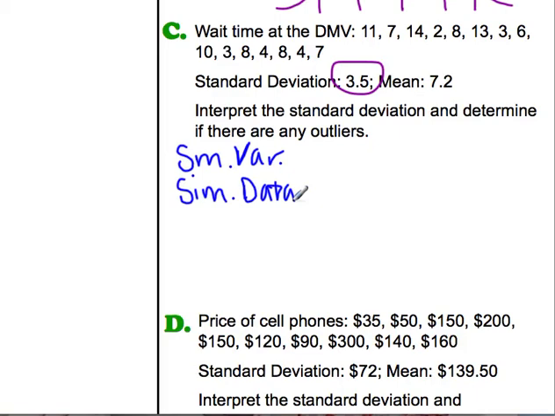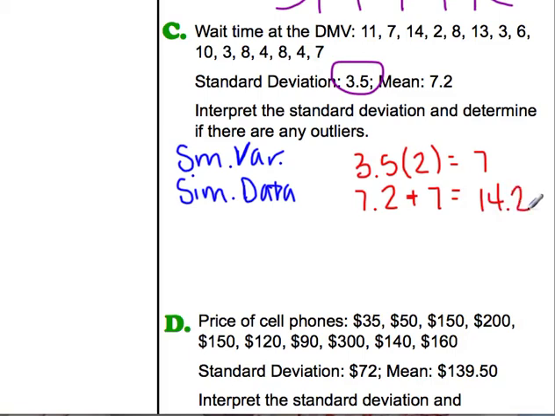So now when we talk about this outlier idea, we're going to take our standard deviation of 3.5 and multiply that by 2. And when I do that, I get 7. So now I'm going to take my mean of 7.2 and add 7 to it, which will go 2 standard deviations up, and that gives me 14.2.